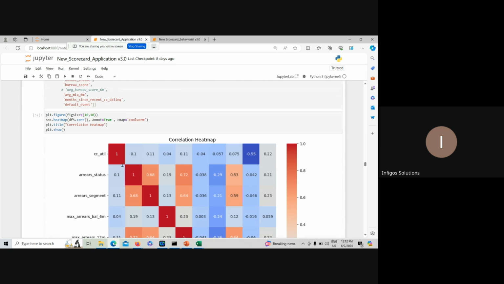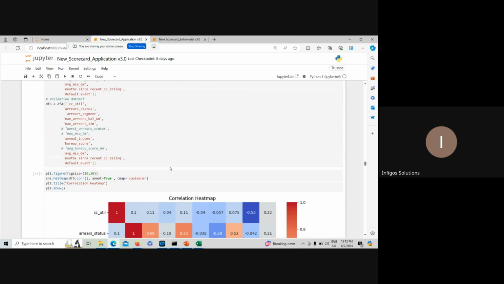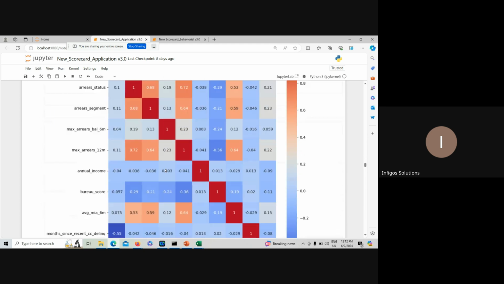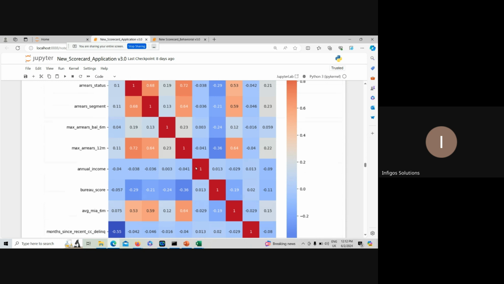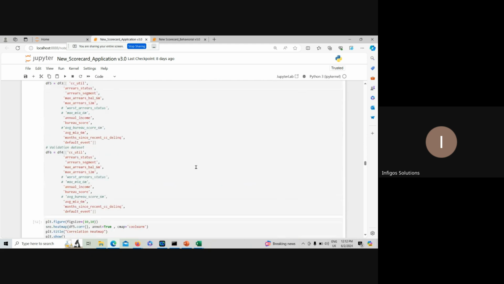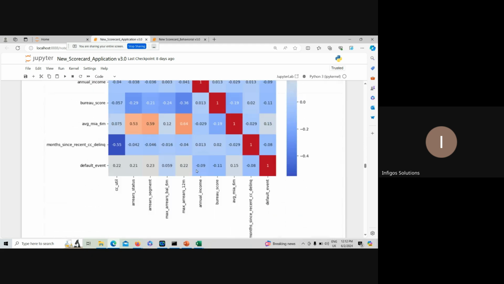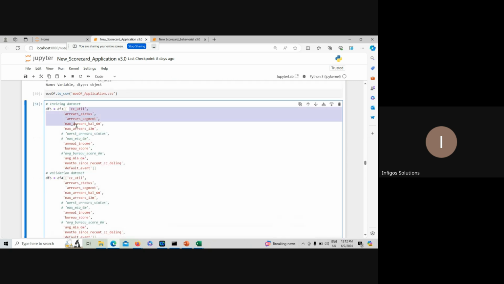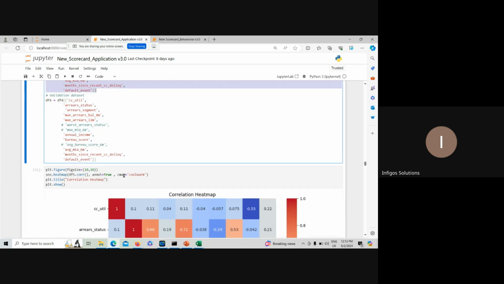And then we are doing the correlation heat map. In the correlation heat map, we are saying that everything should be less than 70 percent. After doing the correlation analysis, we come up with these many variables: 1, 2, 3, 4, 5, 6, 7, 8, 9 variables.